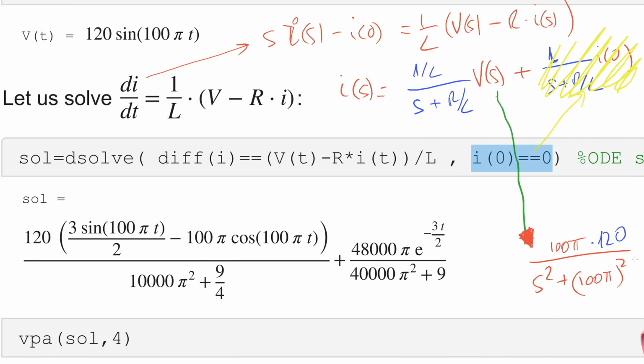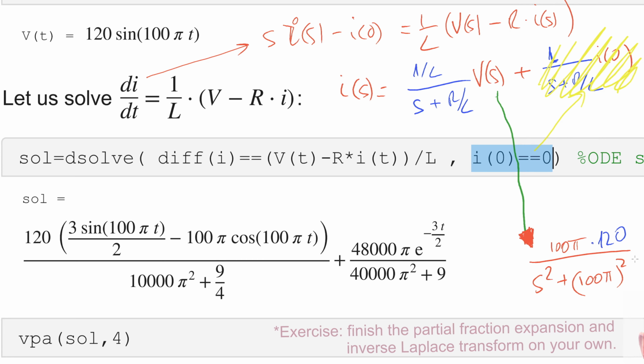Then doing partial fraction expansion and the like, I leave to you as an exercise to obtain the whole solution, but here I wish to concentrate on the interpretation of the solution in electrical engineering terms.